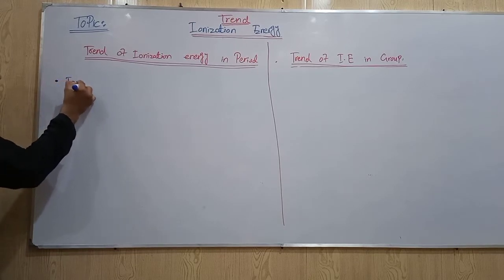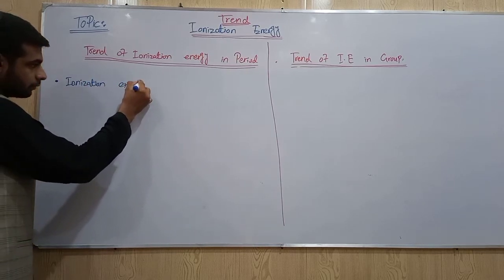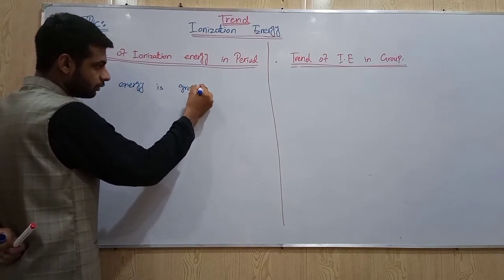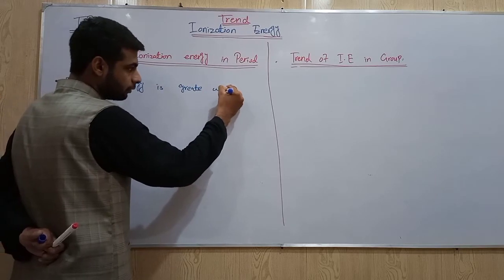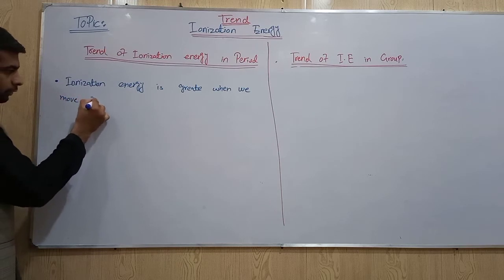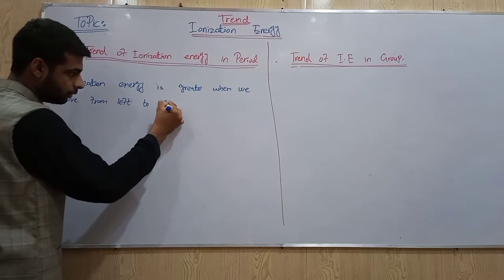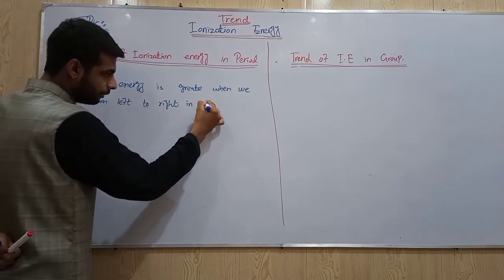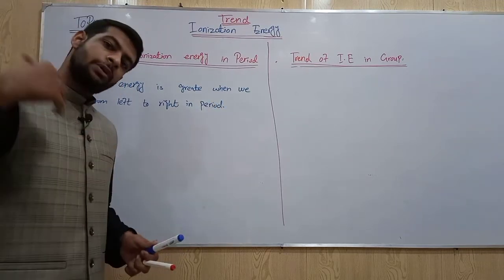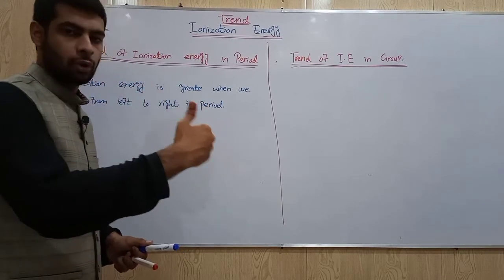Ionization energy is greater when we move from left to right in period. Okay, ionization energy value is greater when we move from left to right in a period of a periodic table.